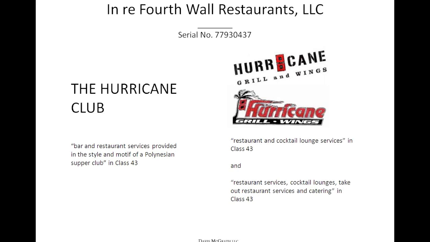But the fact remains that hurricane in itself is an arbitrary mark when used with restaurants, and there's nothing requiring hurricane to be used there. They tried to show that hurricane had special meaning with the state of Florida, that people might come to expect Florida to be called a hurricane state, and so forth. They might have some other element, but the board wasn't swayed by that.